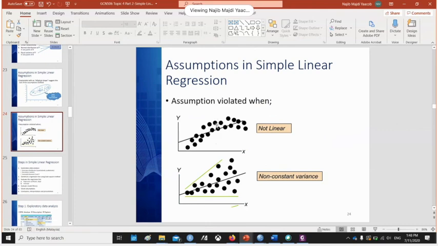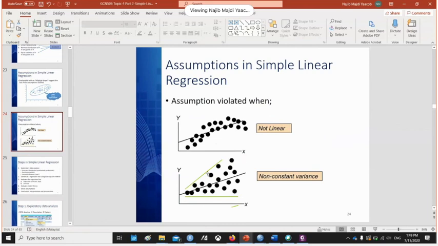Similar thing over here, the prediction error is very small at the initial part, and as the value of X increases, the error in prediction becomes more prominent, much higher.